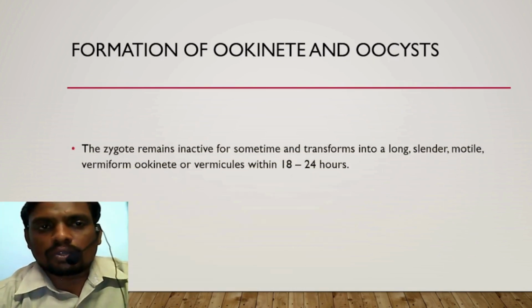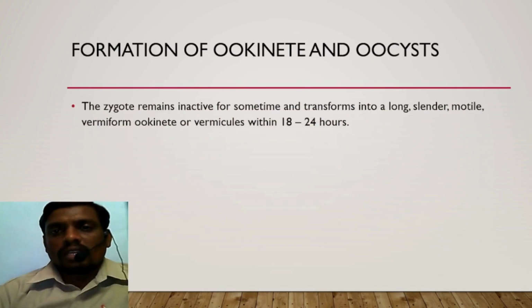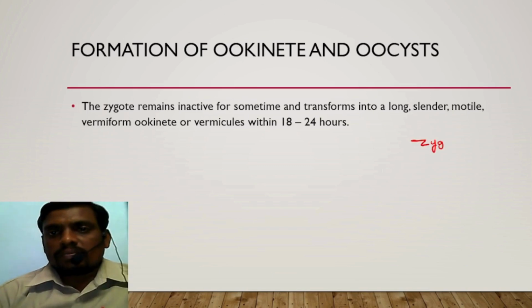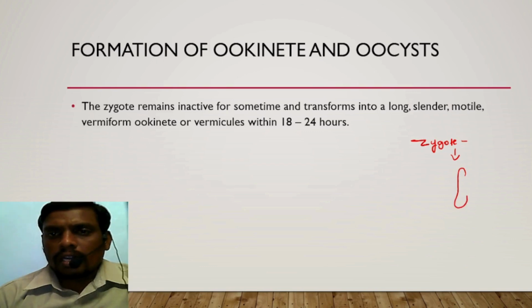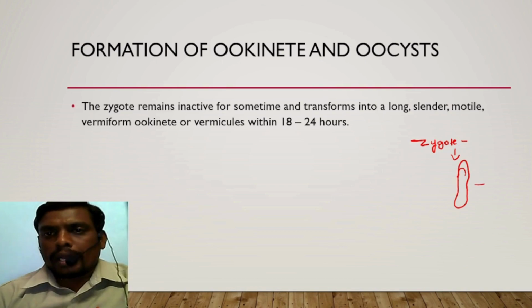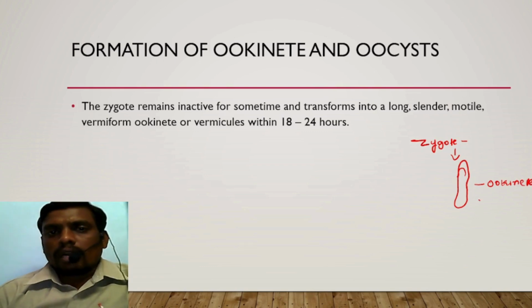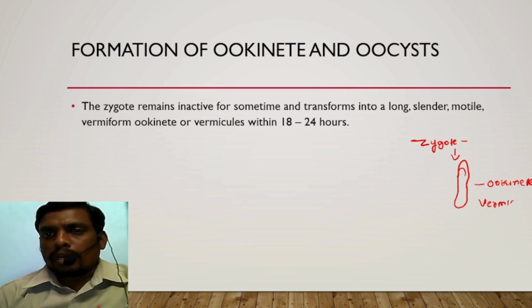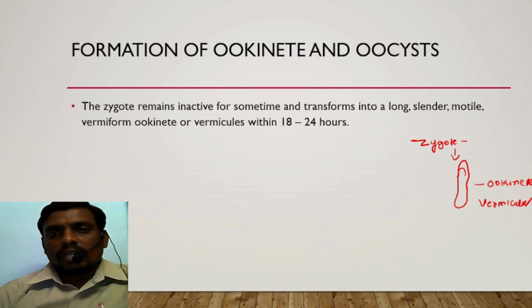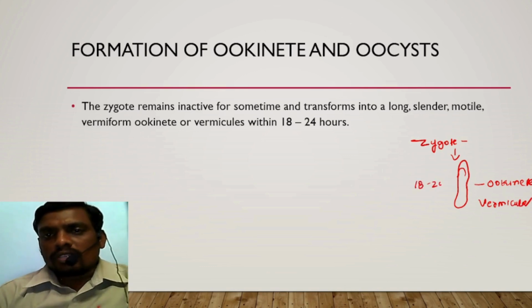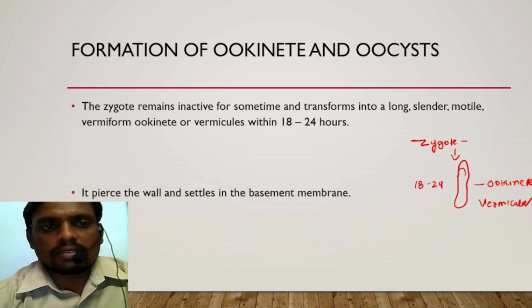The zygote remains inactive for some time, later on transforms into a long, slender and motile vermiform ookinete. It is commonly called vermicule. Within 18 to 24 hours this vermicule formation occurs.